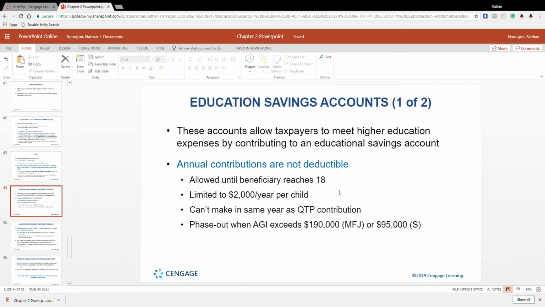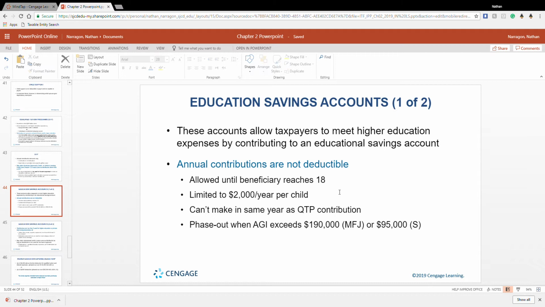So I mean, it's great that some people like to make these education plans for their child, but you just have to watch out. Now, these do get phased out, and when we mean phased out, when you reach a certain income limit, deductions become non-deductible, stuff like these, they lose their value.